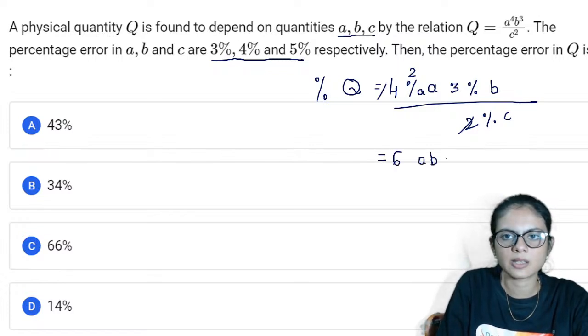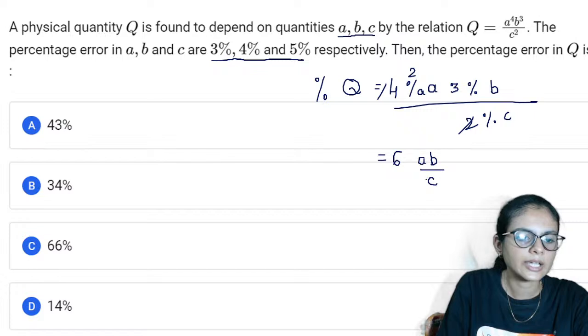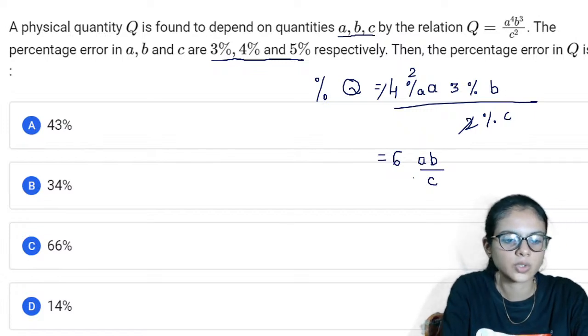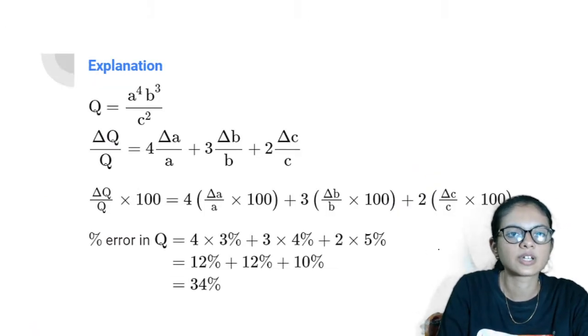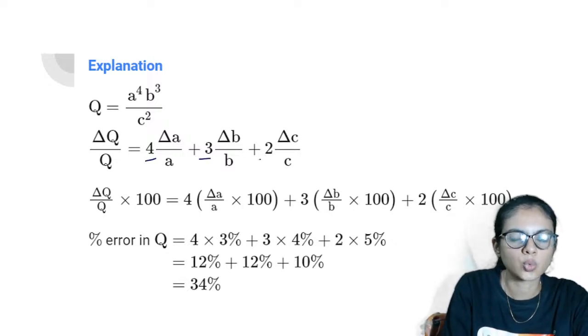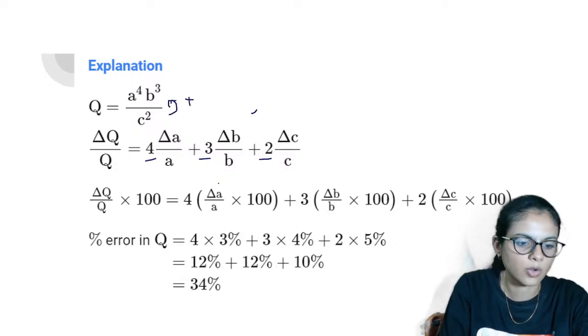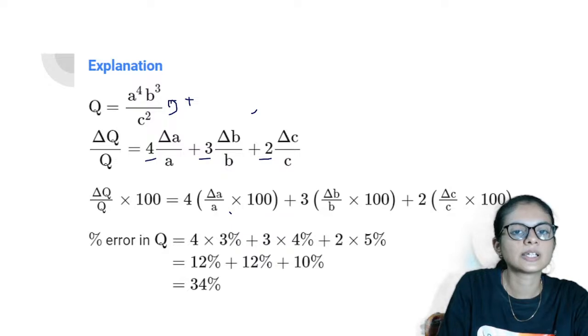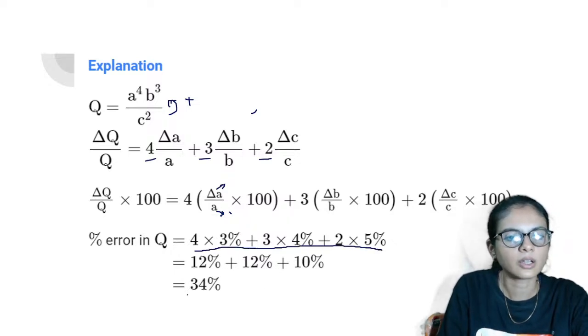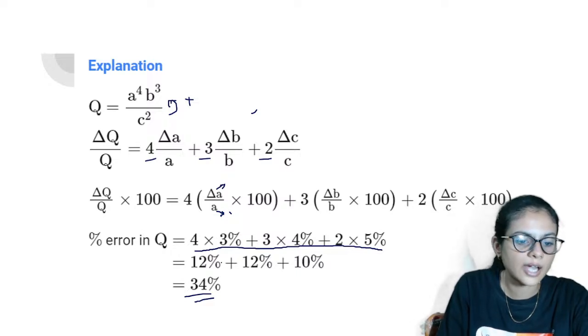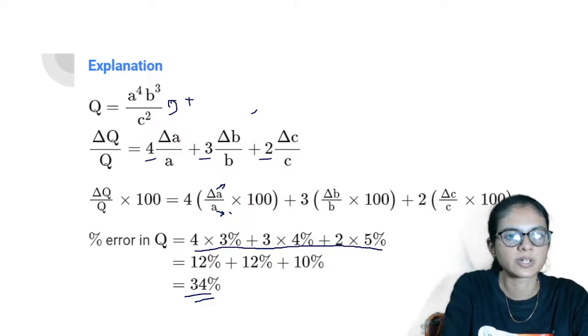If it is a division, we have also seen that, we take this into the numerator and it will just add on. Percentage is nothing but mean value divided by original value. You'll apply the sum, substituting the numbers they have given, and finally multiplying and adding, we'll get 34 percent.